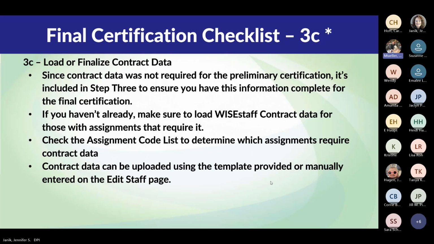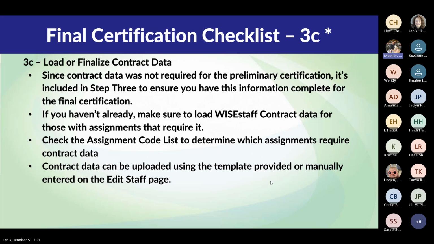If you reported your contract data during the preliminary certification step, you'll see the number of contracts shown on the far right side of the checklist page under the count column. If you don't already have your contracts reported, now is the time.